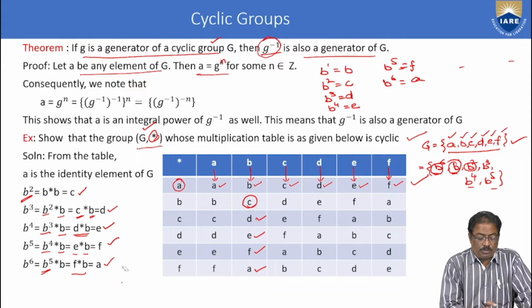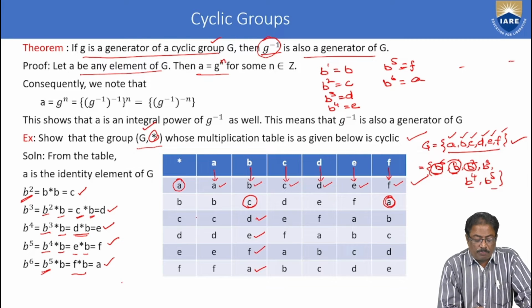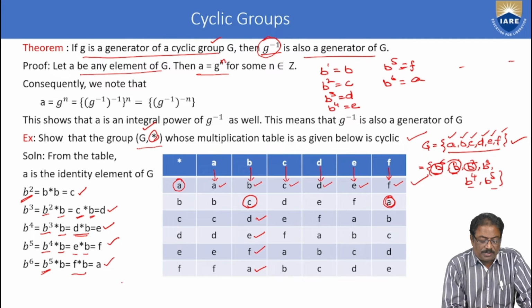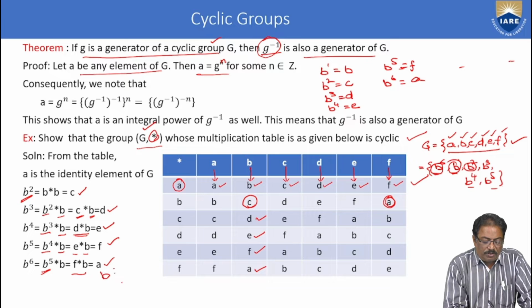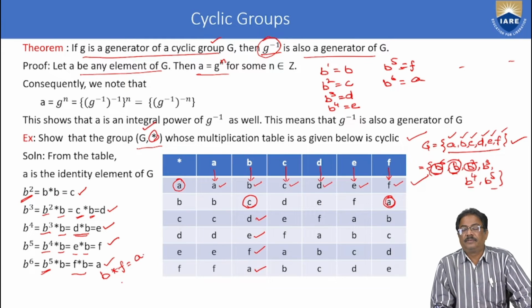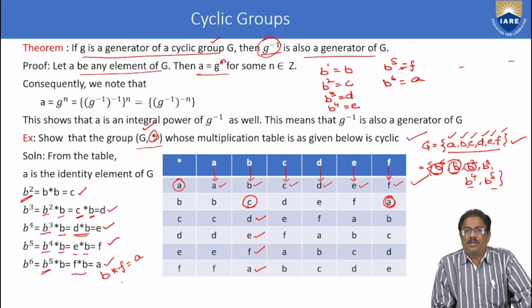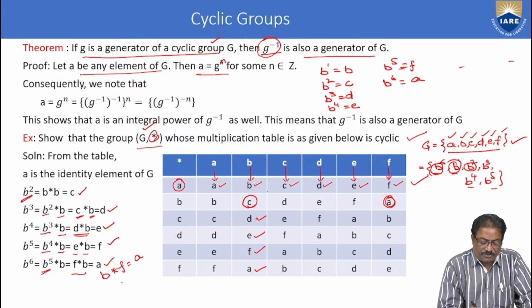While calculating, we look for what gives the identity element with B. Here B into F is equal to the identity element, or of course F into B is also the identity element.